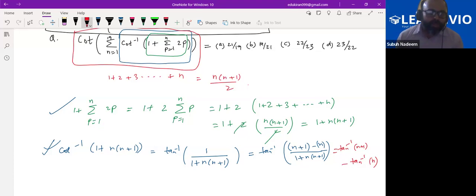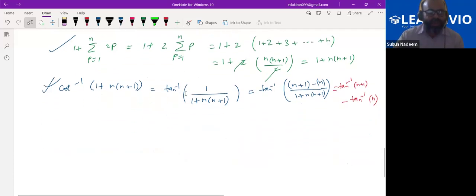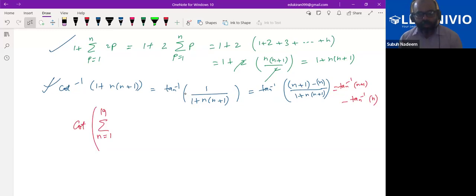Okay, so I hope you have written. Now let us take this cot of sigma n equal to 1 to 19, and it is tan inverse of n plus 1 minus tan inverse of n. So this is what we have written.